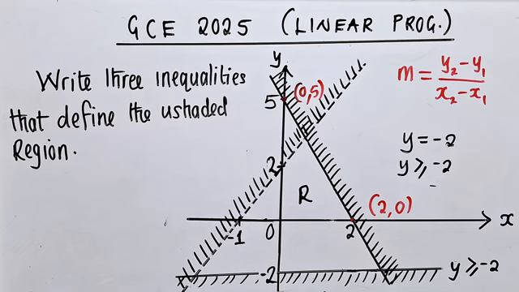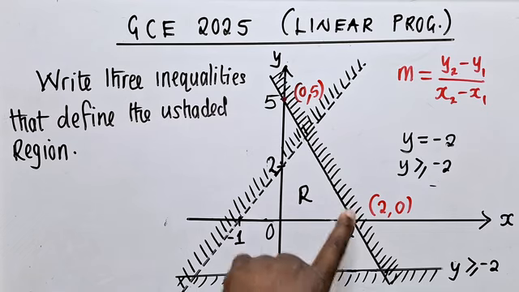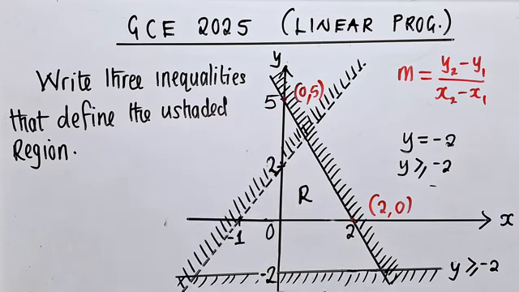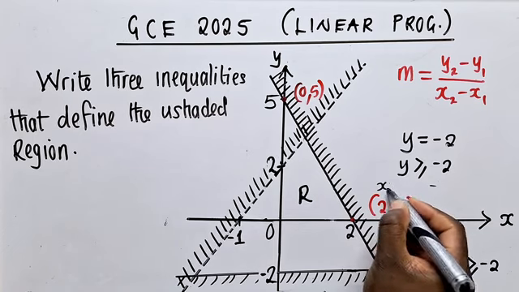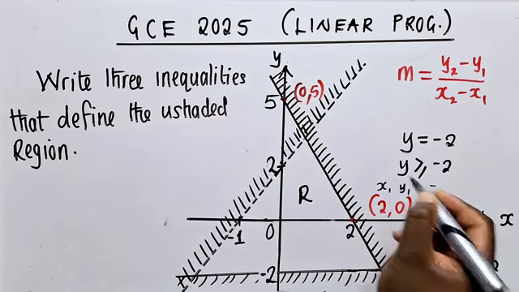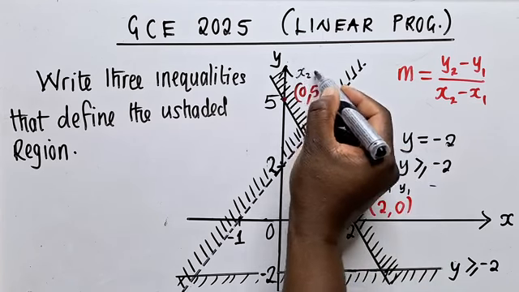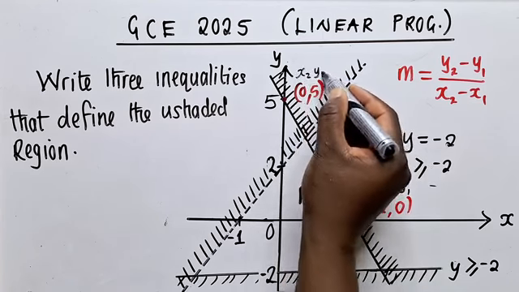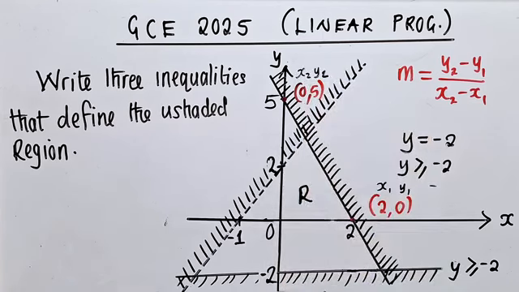Those are the 2 points we need to identify here and here. Once we identify these points, this is our x1, y1, and this is our x2, y2. Why am I indicating? I want to use this formula right over here.